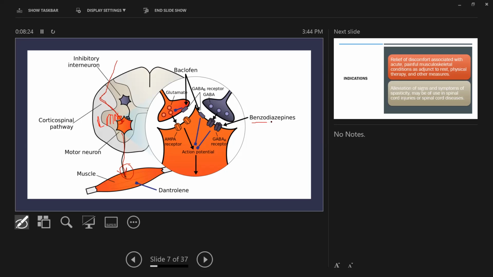Some of those drugs that are benzodiazepines target the GABA A receptor. All benzodiazepines target the GABA A receptor. Please watch the hypnotic sedative presentation for benzodiazepine mechanism of action. Baclofen is going to bind the GABA B receptor and potentiate it.